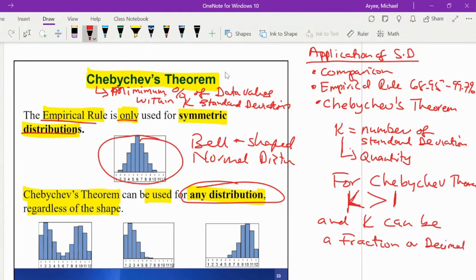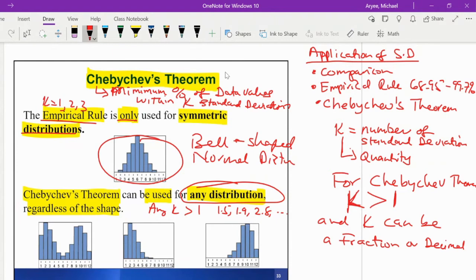In other words, whereas the empirical rule only deals with k equals 1, 2, and 3, Chebyshev can be any k greater than 1, and it can be a fraction. It can be 1.1, it could be 1.9, it could be 2.8, any number greater than 1.